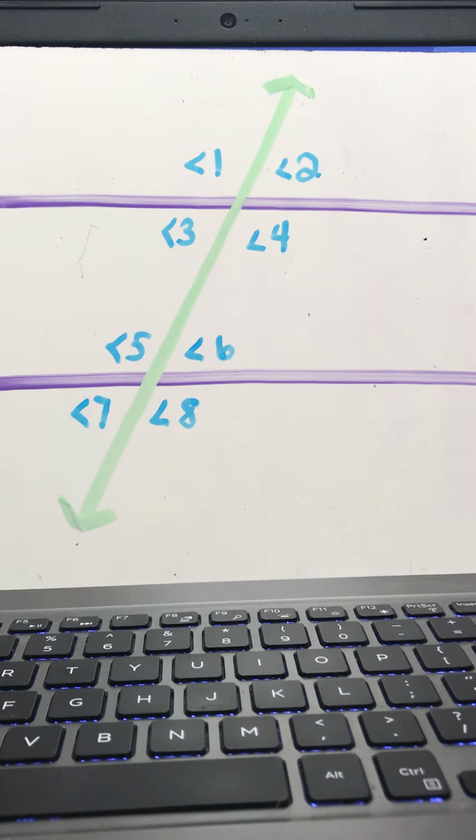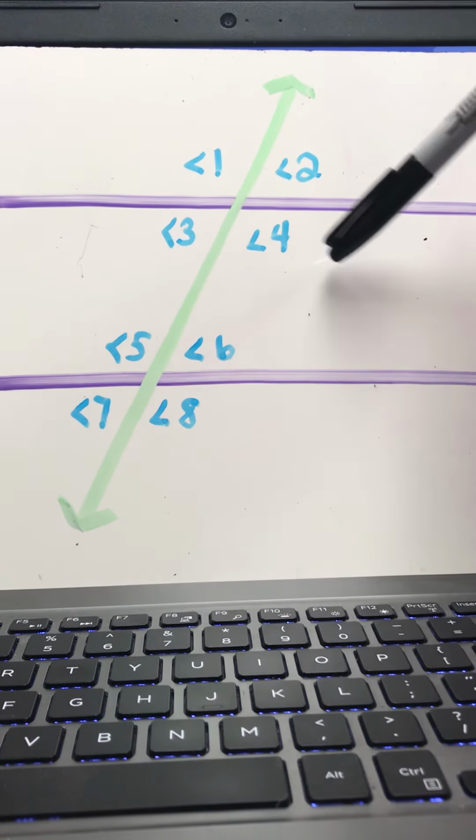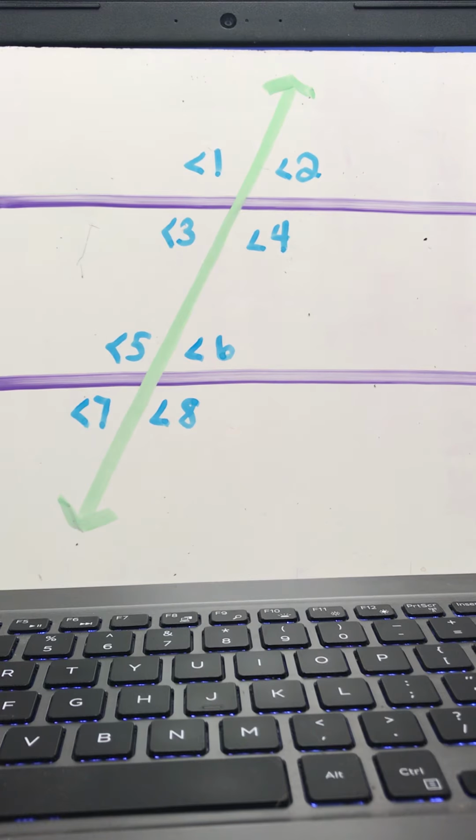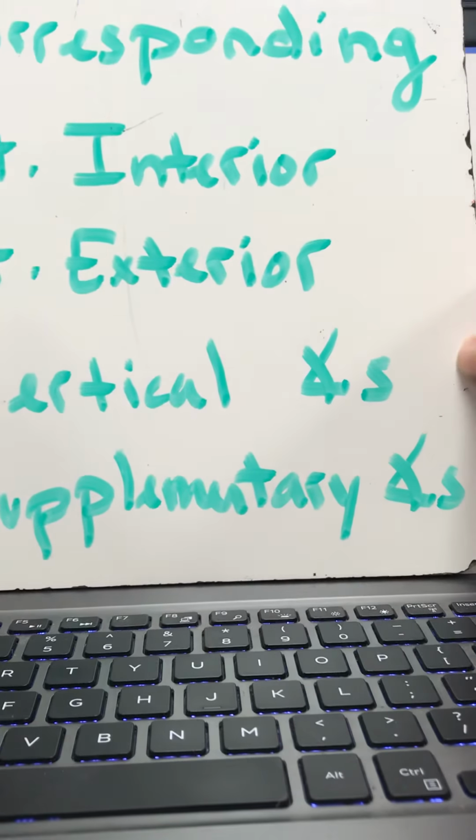Moving on to question number 3, it's going to ask, what are the 5 relationships to help solve for angles? Each and every single angle you see up there is related to a different angle. We've talked about this before, but I'm just going to go over that real quick. Number 3 is going to ask what the 5 different relationships are, and those 5 are these.